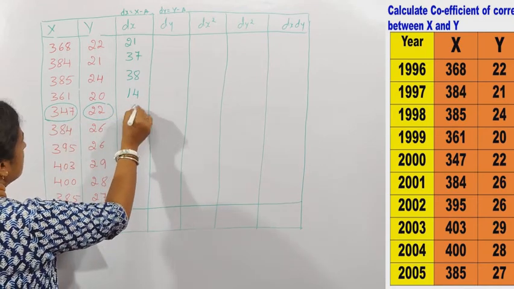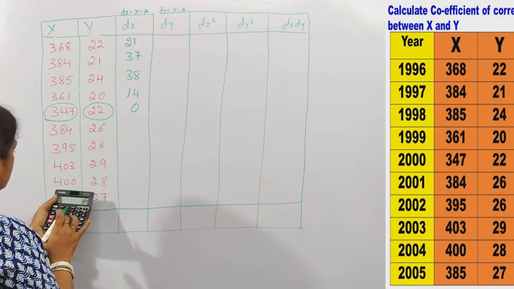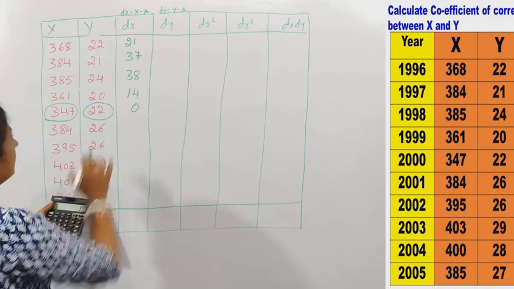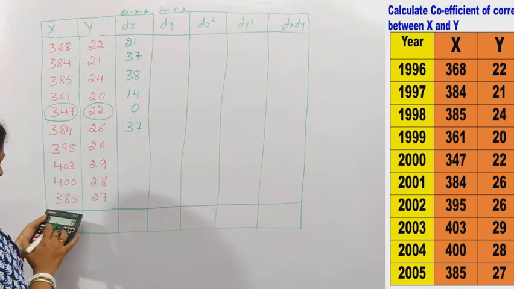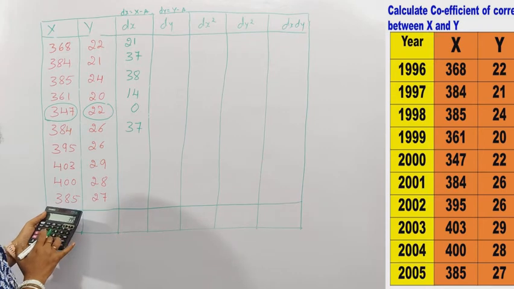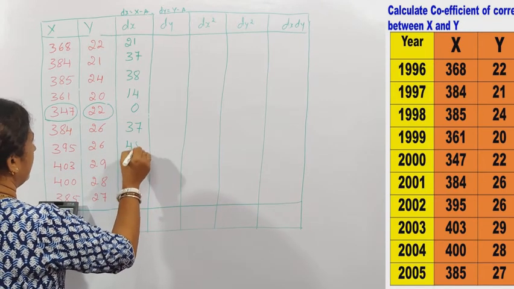347 minus 347, 0. 384 minus 347, already calculated, that is 37. 395 minus 347 is equal to 48.